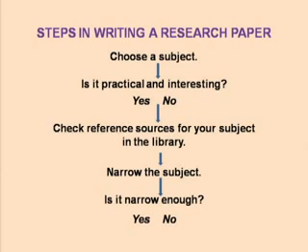Then you need to consider, is it practical or interesting? Yes or no. Second, check reference sources for your subject in the library. Concerning this, you need to narrow the subject. In addition, you should think, is it narrow enough? Yes or no.